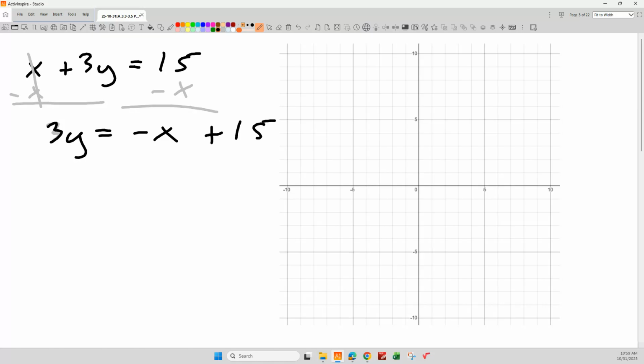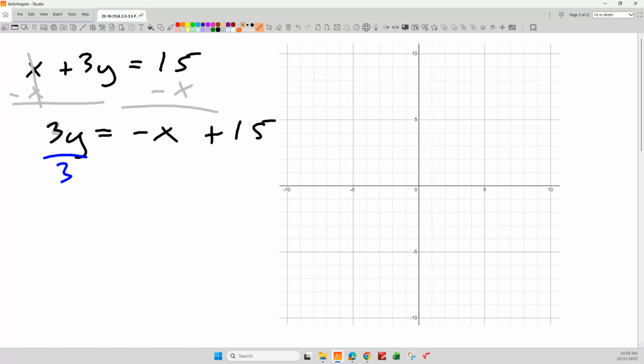Divide by 3. Dividing by 3 is the same as multiplying by 1/3. Everybody get that? So I can do it either way. It's up to you, but it's almost easier to think about just distributing a 1/3 through. We'll do it by division. When I divide the right side by 3, remember that if I have multiple terms, I'm dividing everything by 3. Agreed?